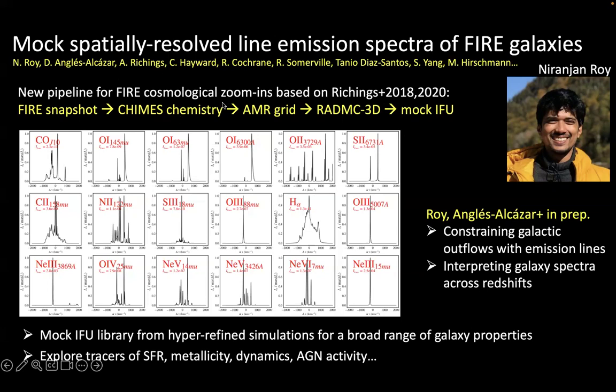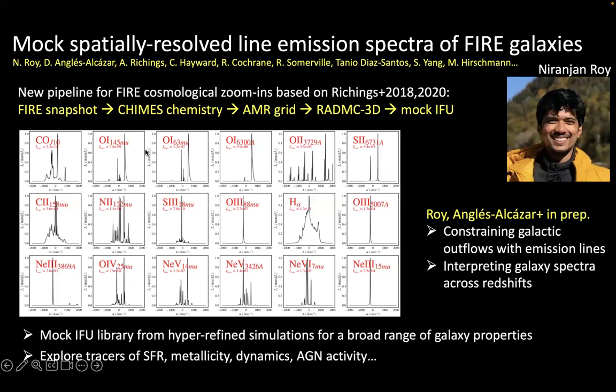Then we project all of this into adaptive mesh refinement grids that we feed into the RADMC-3D code, which does the actual 3D line radiative transfer, and we get mock IFUs out of this. So we get beautiful data cubes for many lines from the far infrared to the UV.